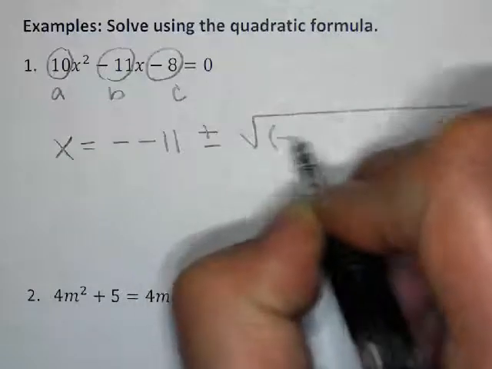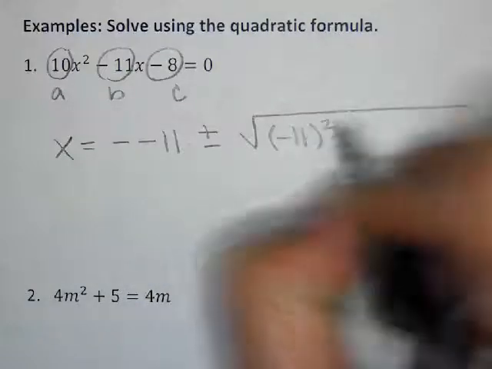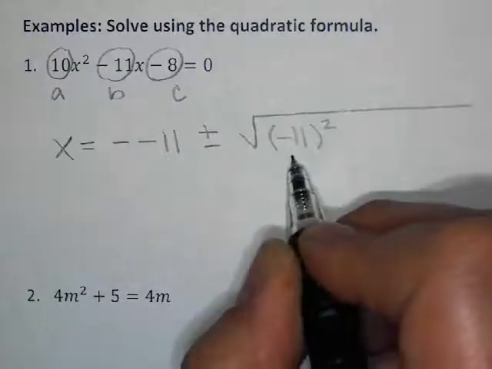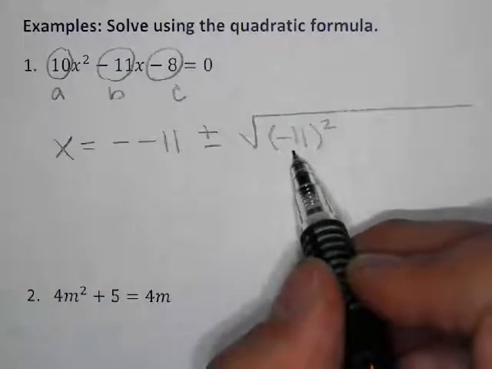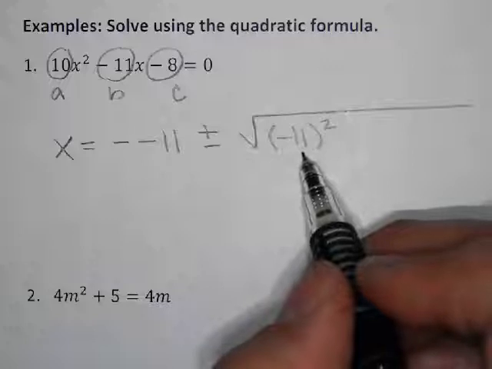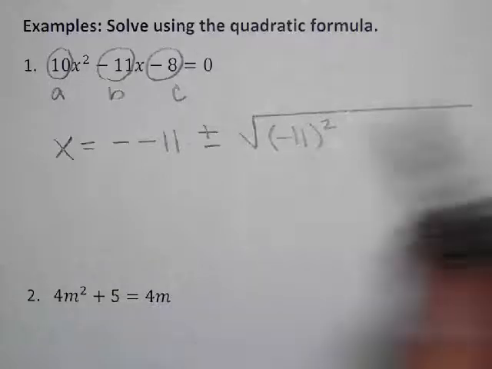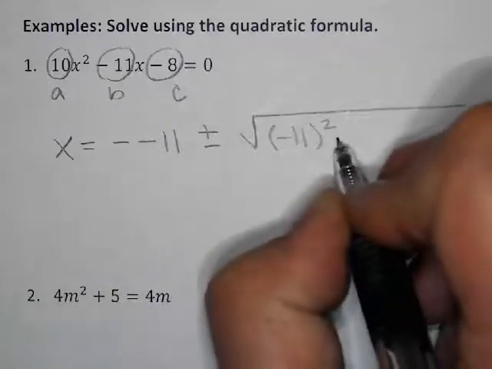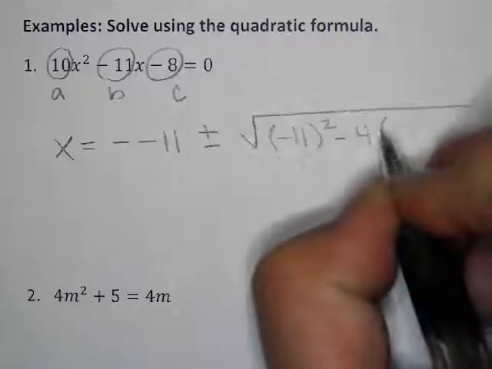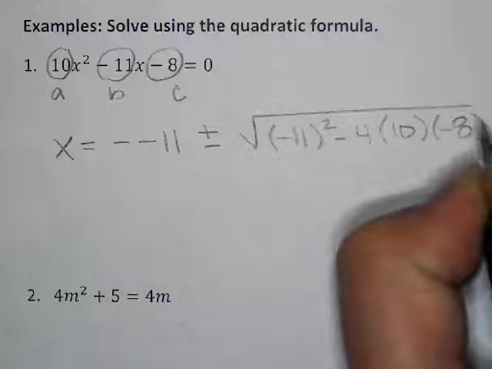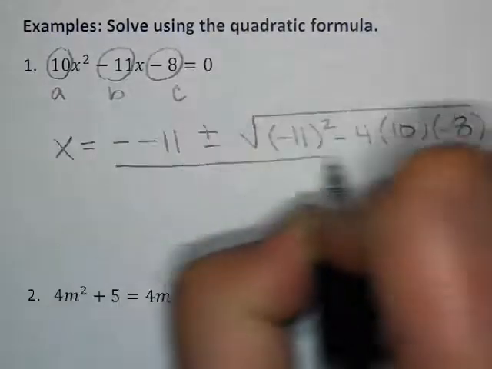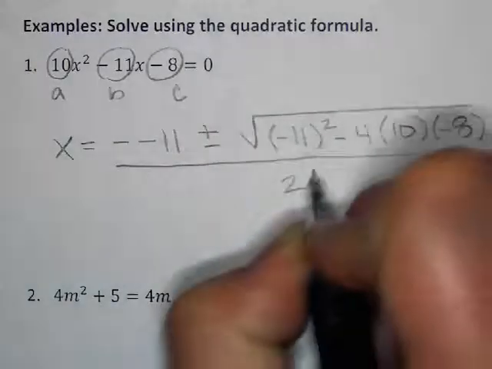Anytime I have a negative number that I'm squaring, I have to put it in parentheses because I want to make sure that my calculator knows to do negative 11 times negative 11. And so I need to make sure the negative goes in there too. Minus 4 times A times C, all divided by 2 times A.